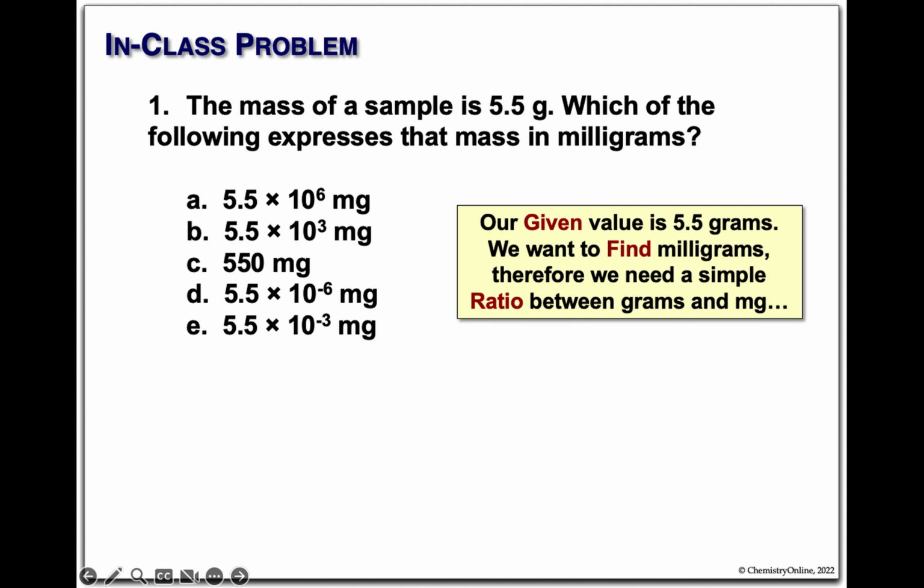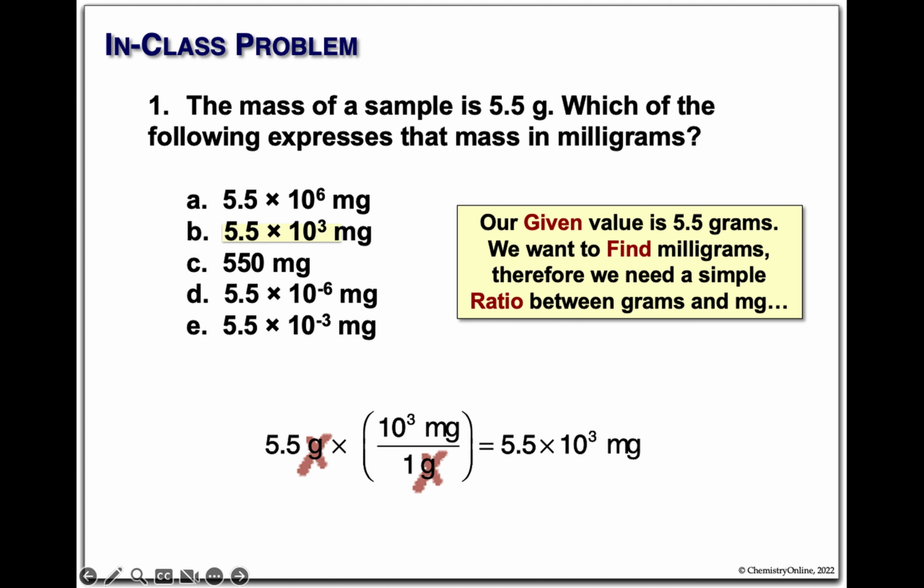So something like this ought to work well: 1,000 milligrams in every gram. Start off with our given, insert our ratio, and grams will cancel. Very simple problem. 5.5 times 10 to the third milligrams. There it is.